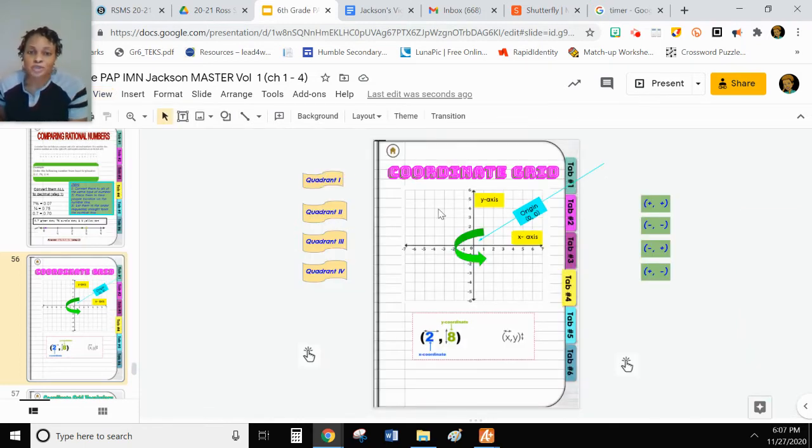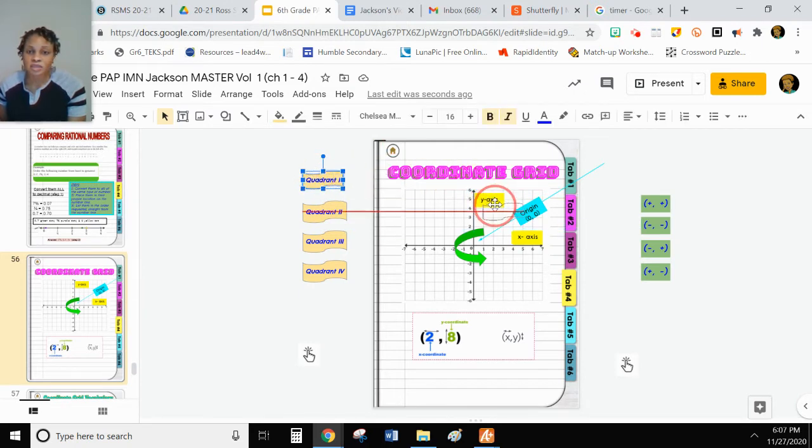So we're going to start with quadrant 1. Quadrant 1 is here. And I'm going to move this down. There we go. So this is quadrant 1.